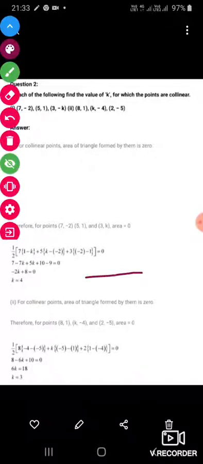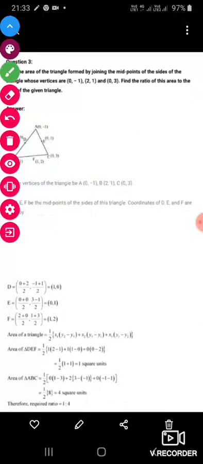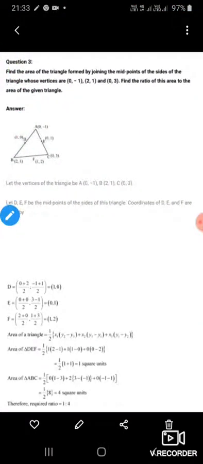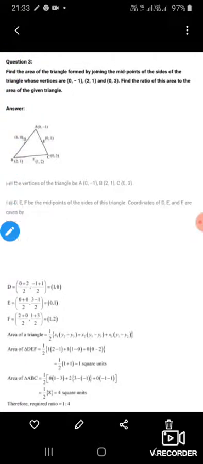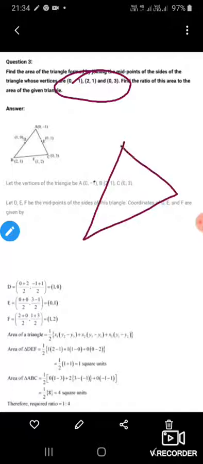Next, this is your next question. Class, see, in this it says there is a triangle, and we have to find the area of the triangle whose vertices are given like this, but we have to find the area of that triangle whose vertices are the midpoints.